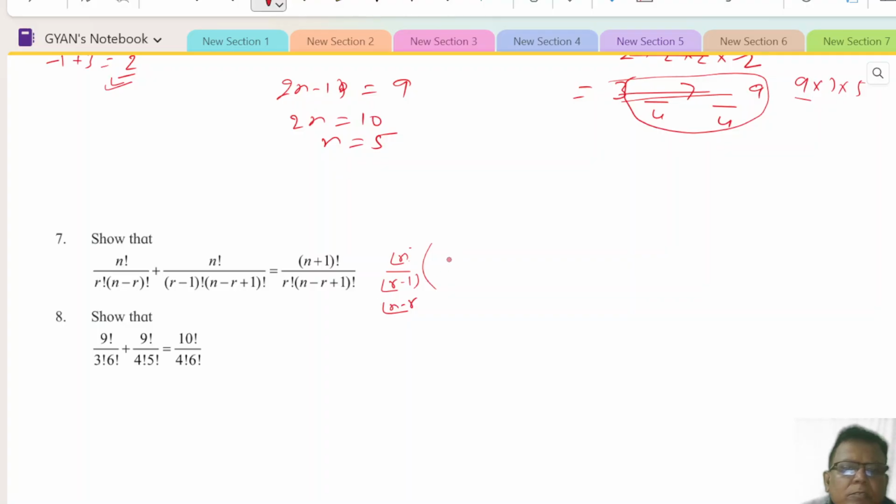So that will become 1 over r, plus 1 divided by n minus r plus 1.